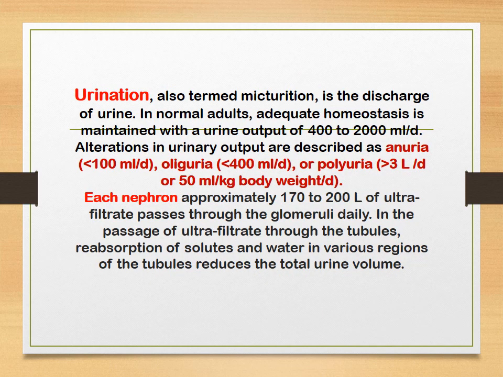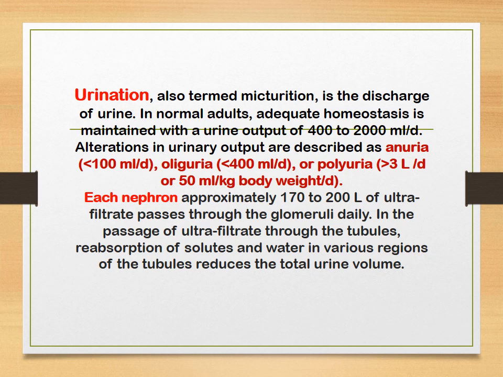Urination is the formation and discharge of urine, usually in an adult ranging between 400 to 2000 milliliters per day. Abnormality in excretion of water when it is a low volume, less than 100 ml daily, is referred to as anuria, oliguria when it is from 100 to less than 400 milliliters per day, and polyuria when a much larger amount of urine is excreted, more than 3 liters per day.